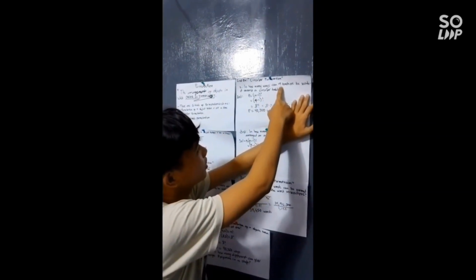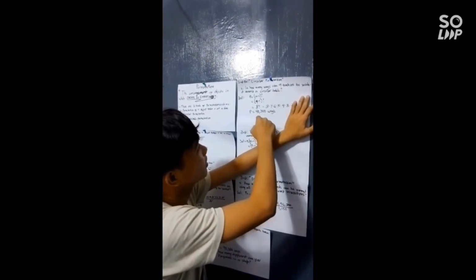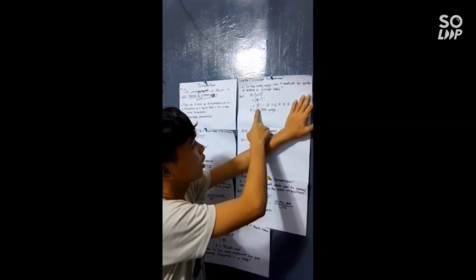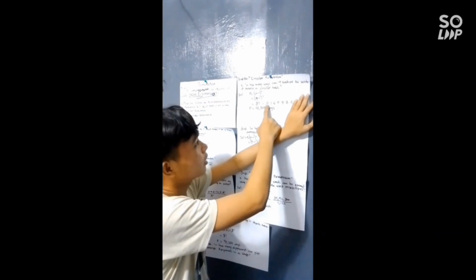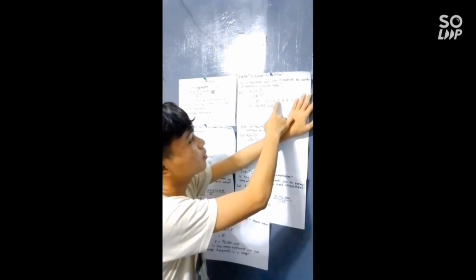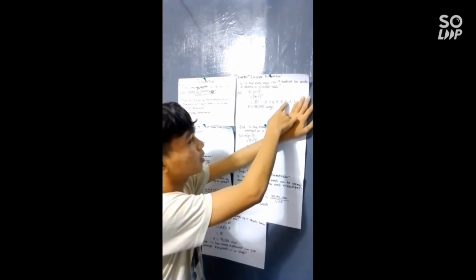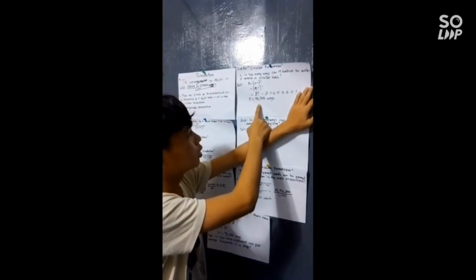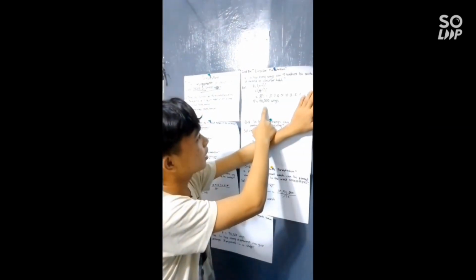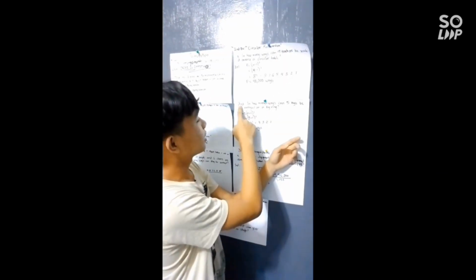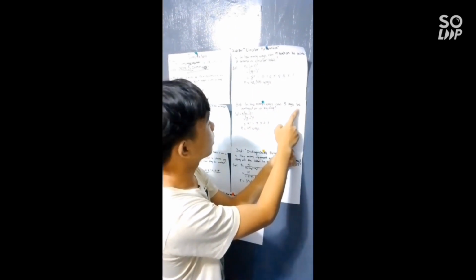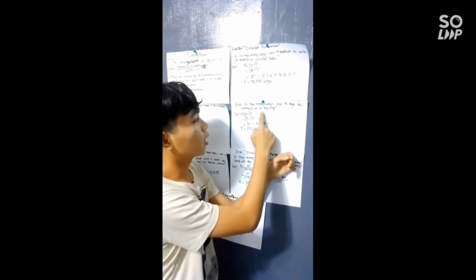Our n in this is 9 teachers. 9 minus 1 factorial is equal to 8 factorial. 8 times 7 times 6 times 5 times 4 times 3 times 2 times 1 is equal to 40,320 ways.